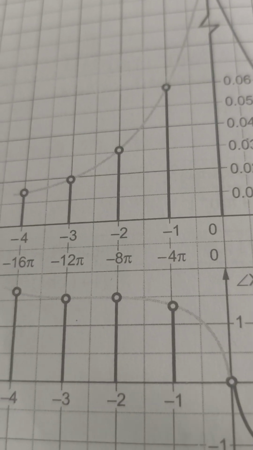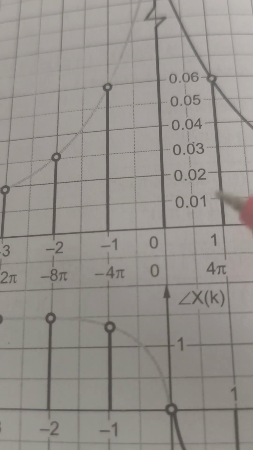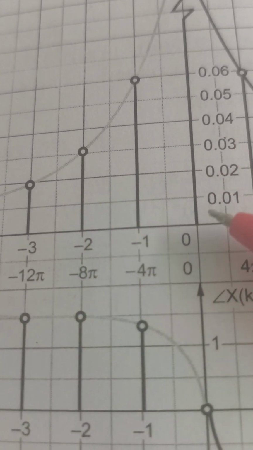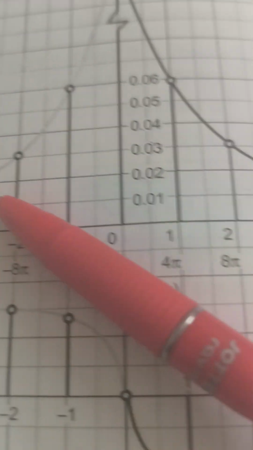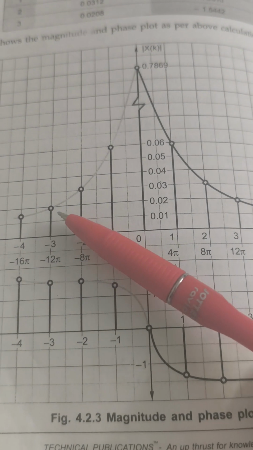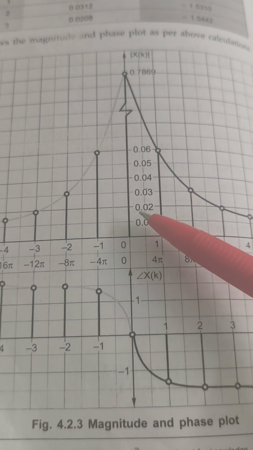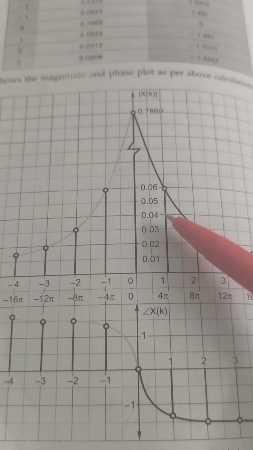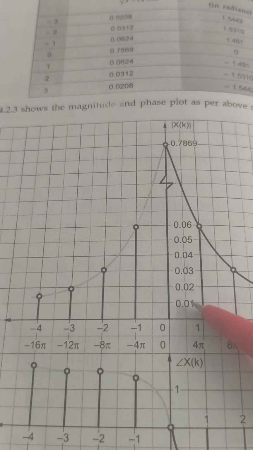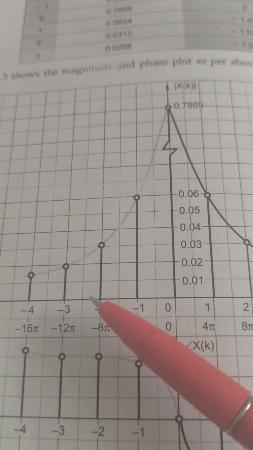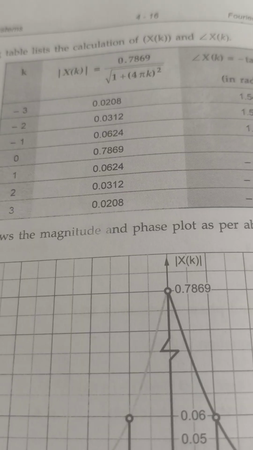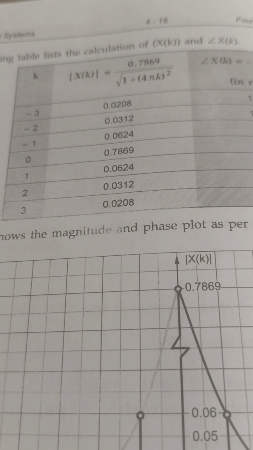Here you see minus 3, what is the value? It is 0.028, 0.02 something. That we will not consider seriously. So for minus 3 it is 0.02. Then for minus 2, how much?